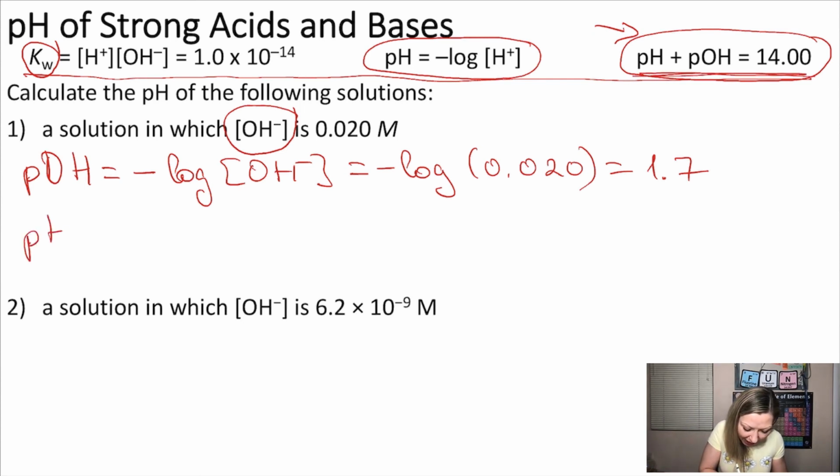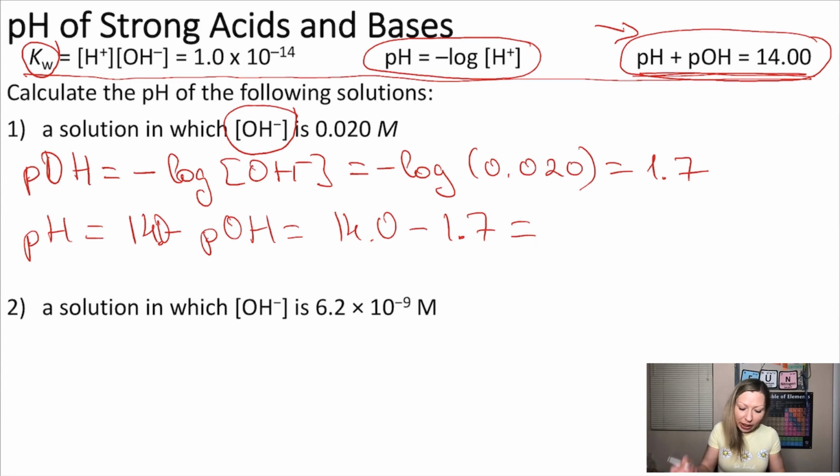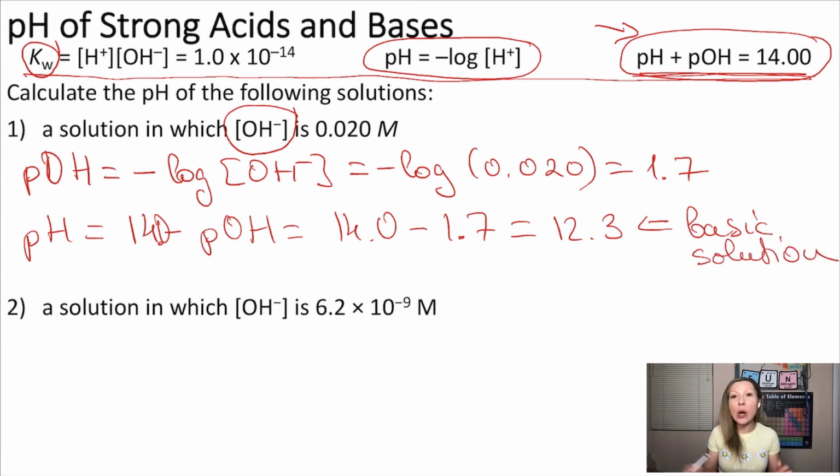So pH equals 14 minus pOH. So 14.0, right, the 0 there, minus 1.7 is going to give us a pH of 12.3, which is going to mean that I have a basic solution. You can also call it an alkaline solution.